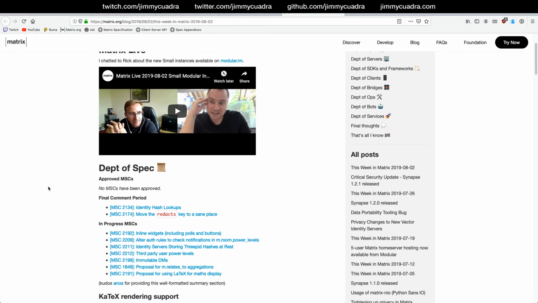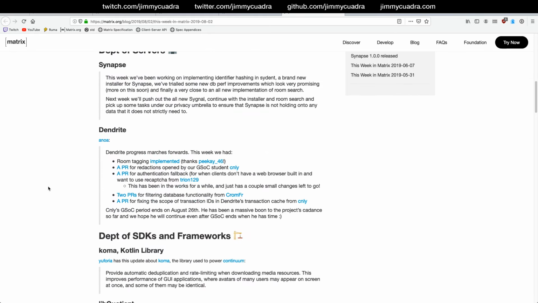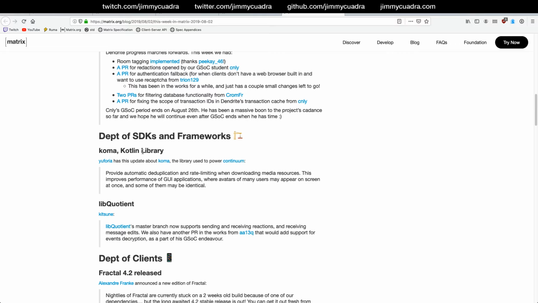I also noticed this time that there is a Kotlin implementation of Matrix called Coma, which I find amusing because this is essentially using the same naming signature that we're using for Ruma, where, if it wasn't obvious, Ruma comes from the first two letters of Rust and the first two letters of Matrix, and this is exactly the same thing for Kotlin. I wonder if that's just coincidence or if they got that idea from Ruma.